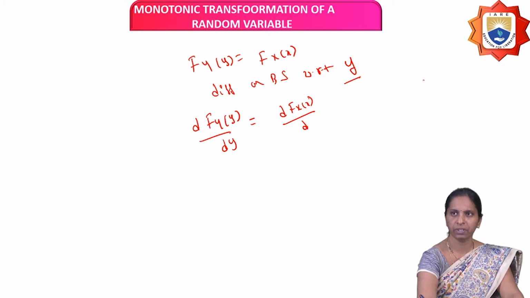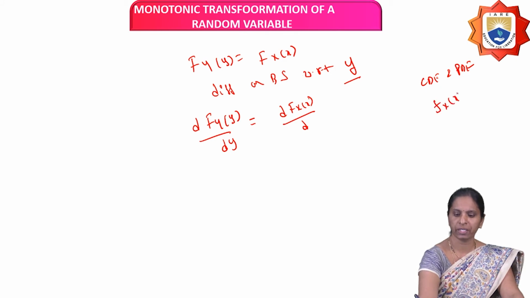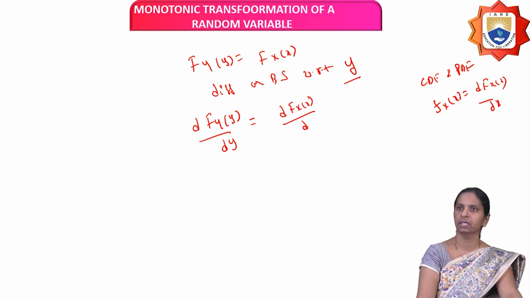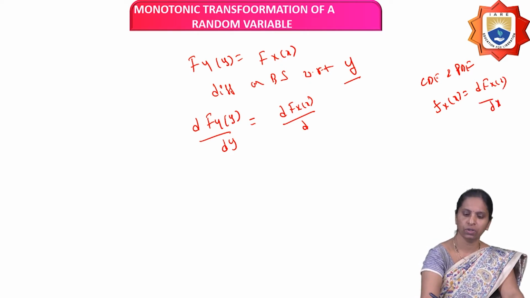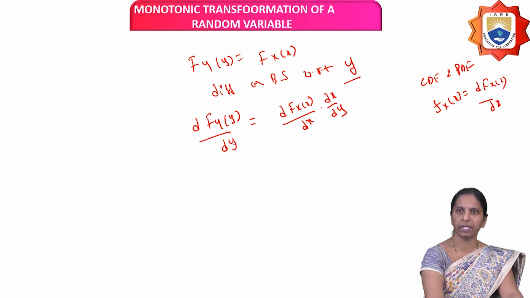What is the relation between the distribution function and the density function? The density function fx of x is dFx of x by dx. The differentiation of the distribution function gives the density function. So here, into dx by dy, since you are differentiating with respect to y. Then dFy of y by dy is equal to dFx of x by dx into dx by dy. If the two dx cancel, you again get dFx of x by dy.